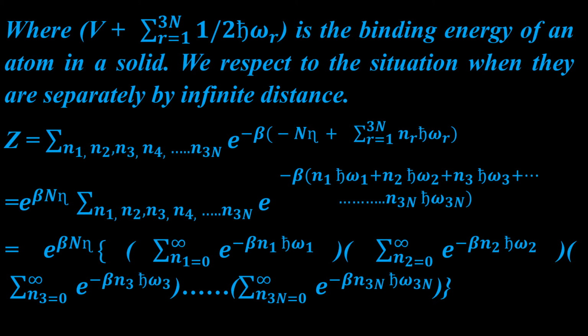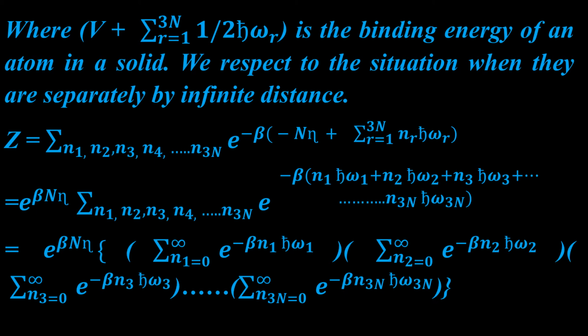We put the minus beta of the energy value, and then we get e to the power beta n eta into summation over n1, n2, n3, ..., n3n of e to the power minus beta (n1 h cut omega 1 plus n2 h cut omega 2 plus and so on).